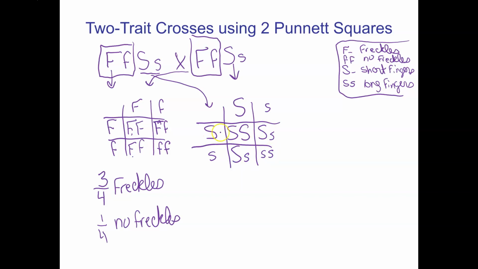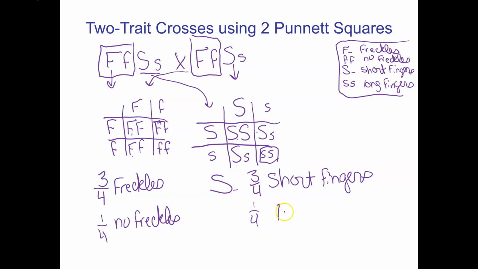Okay, so now I have 3 again that are big S something. And so that means there's 3/4 that have short fingers. And I have 1 right there that is little s, so that's 1/4 that are long fingers.